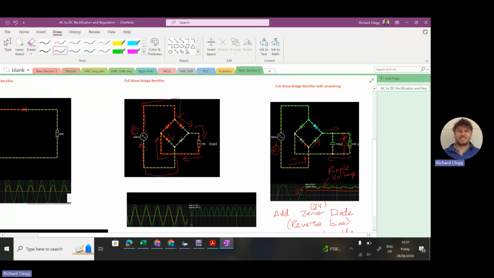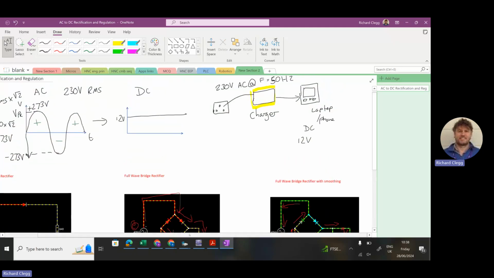In this case, it smooths as well. Up here, we decide we're going to go forward bias, and we're going to go back to the terminal. Okay, that's the way it works. Just think of the electron traveling around the circuit.